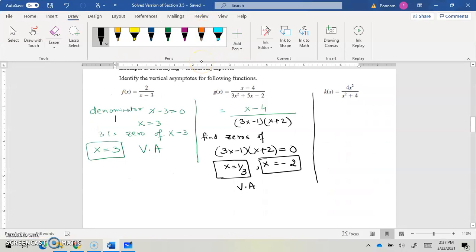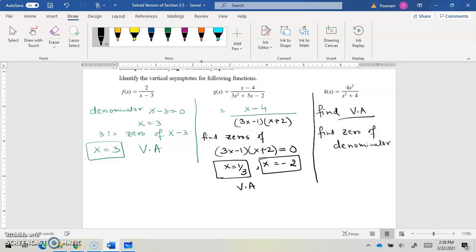Let's try one more. We have this function k(x) equals 4x squared divided by (x squared plus 4). We want to find the vertical asymptote. For that, you need to find the zeros of the denominator.